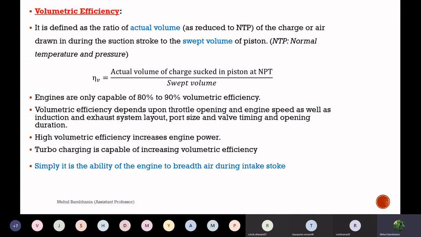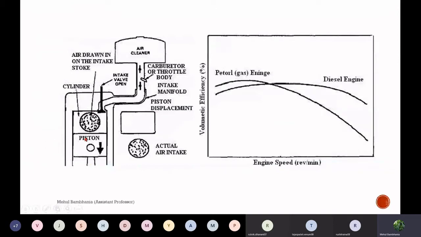See, 100 cc bike, 150 cc bike, or now it is a trend to run a 200 cc bike. 200 cc indicates the volume, the size of that cylinder. But the volumetric efficiency decides how much of that size is utilized during operation. If your bike has 80% volumetric efficiency, that means if it is a 200 cc bike, you actually utilize only 160 cc. So that is a 20% loss.